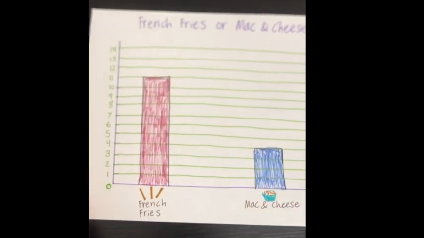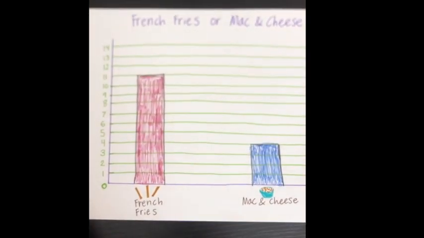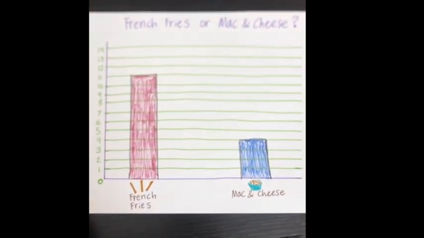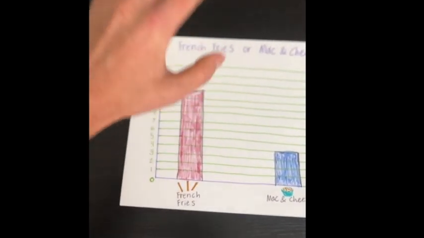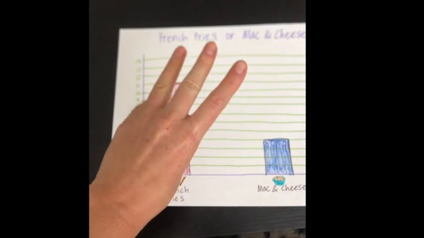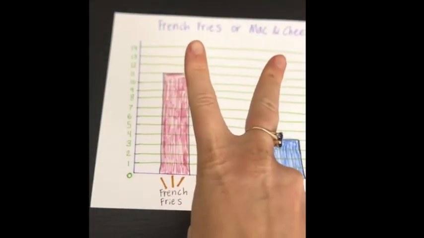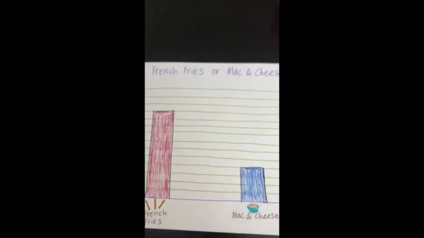So what's smaller, 4 or 11? 4. So grab 4 and count on until you get to 11. Ready, set, go. 4, 5, 6, 7, 8, 9, 10, 11. And I'm holding up 7 fingers, so the difference between 4 and 11 is 7.